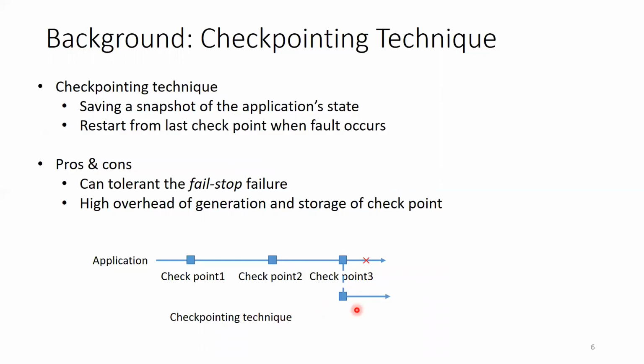The advantage of the checkpointing technique is that it can tolerate fail-stop failure because it saves a snapshot of the application. The disadvantage is that the overhead of generation and storage of the checkpoint is very high.